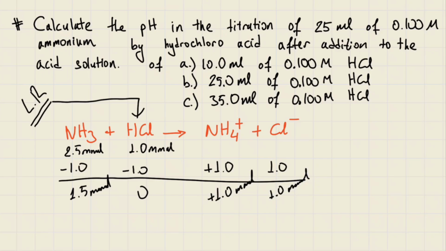So we can write the Kb. By the way, Kb for this reaction is 1.77 times 10 to the minus 5. This is Kb of the NH3. Okay, this is NH3.